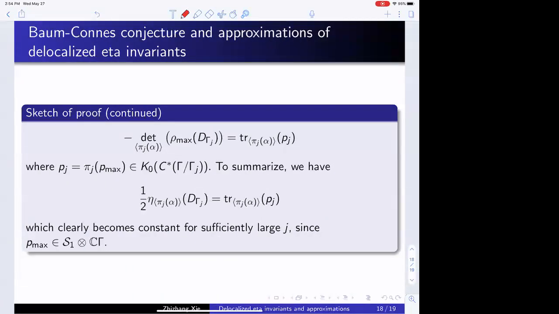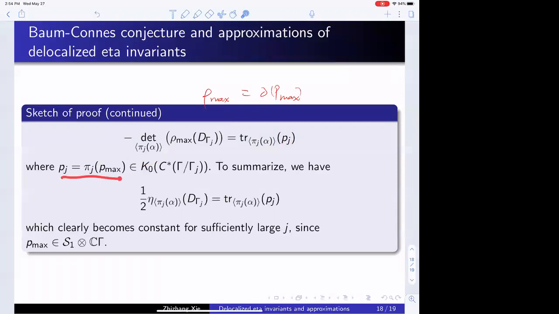Here I said the maximal rho invariant is the boundary of some maximal projection or idempotent. Then the determinant here is compatible with the trace map.